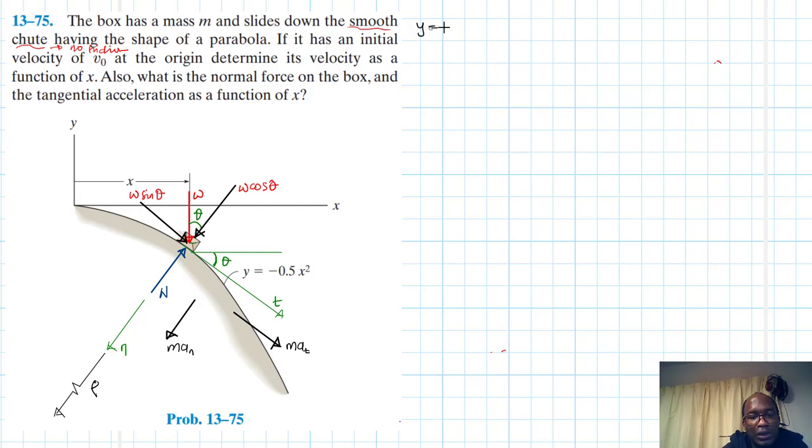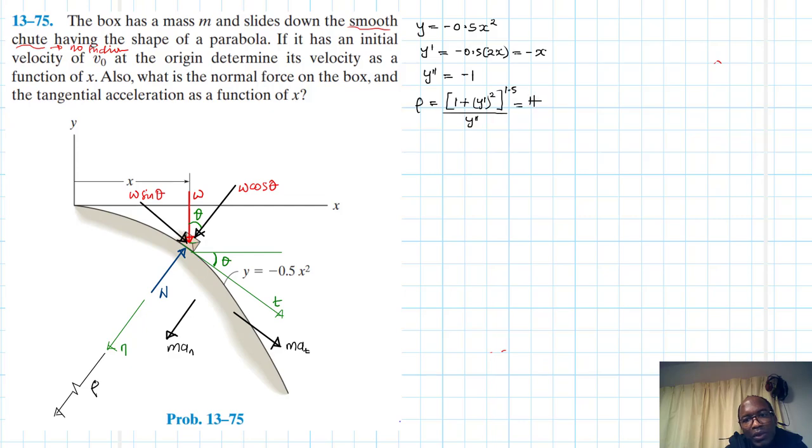So my y is equal to minus 0.5 x squared. Therefore, my y prime is just going to be equal to minus 0.5 times 2x, which is just equal to minus x. Then y double prime will just be equal to minus 1. Then we know that rho itself is just equal to 1 plus y prime squared to the power 3 over 2, or 1.5, divided by the absolute value of y double prime.